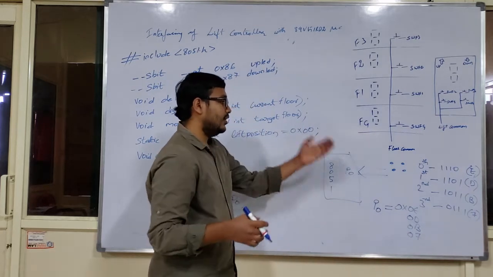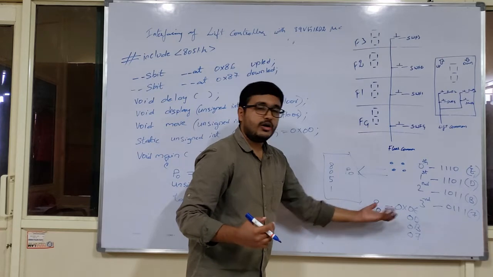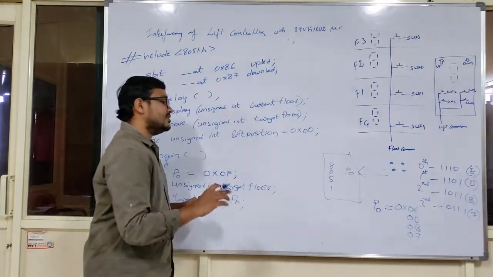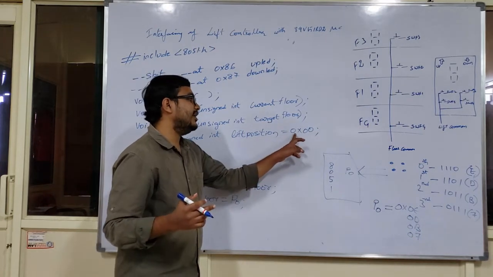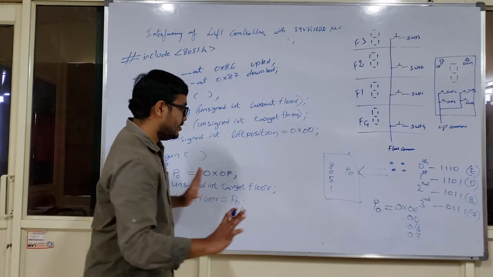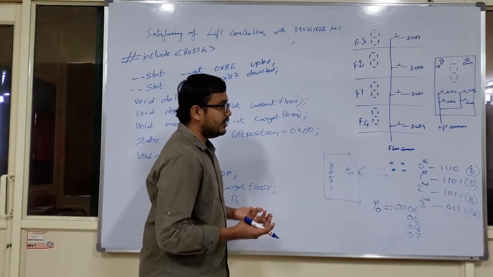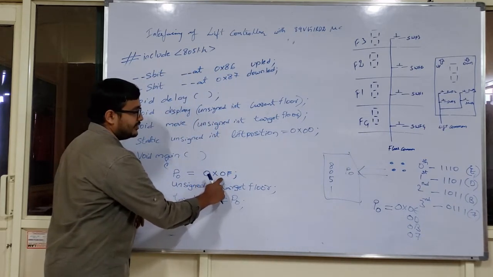So among all the 4 push buttons, this P0 will be taking any of the data among all these 4 push buttons. Okay. If the lift is somewhere else in between the floor, the lift position, I have taken some dummy values 0x00. Now, if the port P0 has to continuously scan the push button pad, I have assigned here 0x0f.